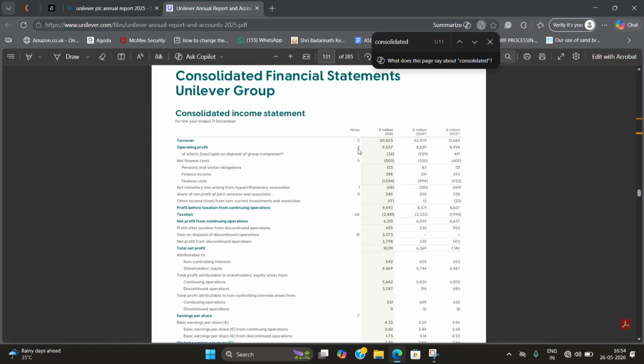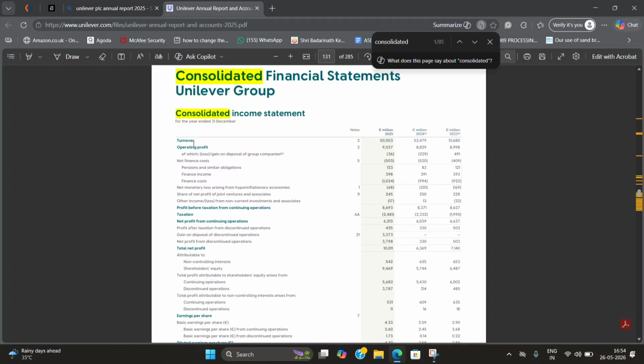Okay. What is it? It is a consolidated income statement. So what is an income statement? We all know that an income statement of an organization shows all the direct and indirect expenses and incomes for a particular financial year. This is a consolidated income statement for Unilever PLC where we have the values for 2025, 2024, and 2023.